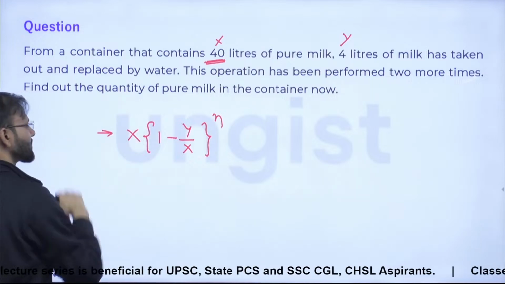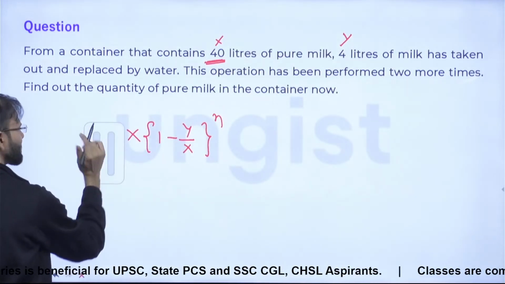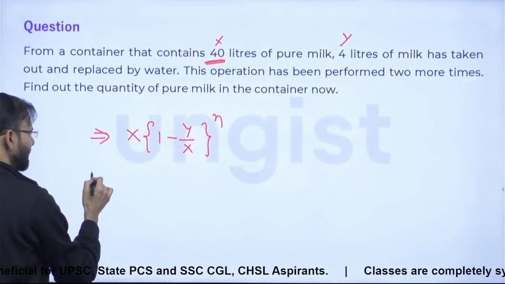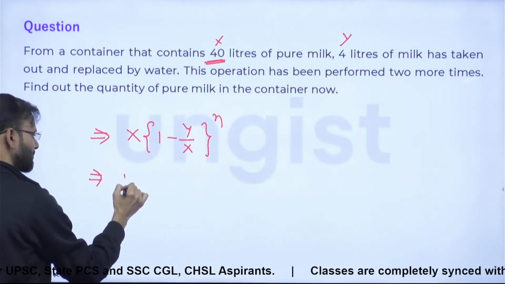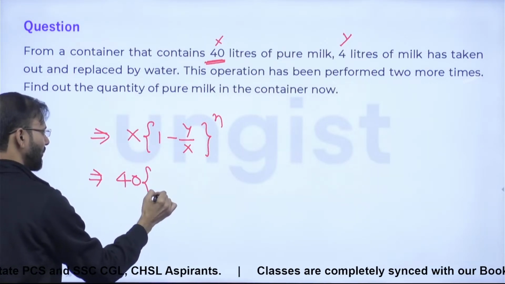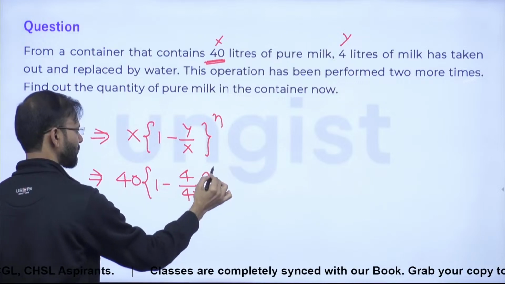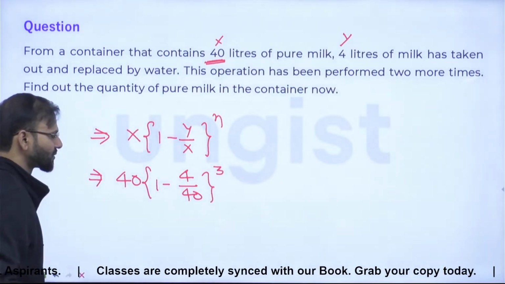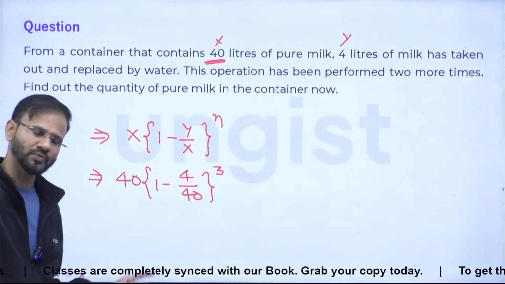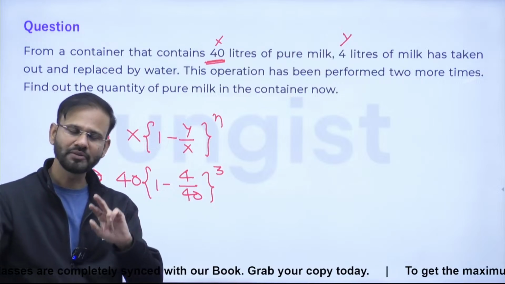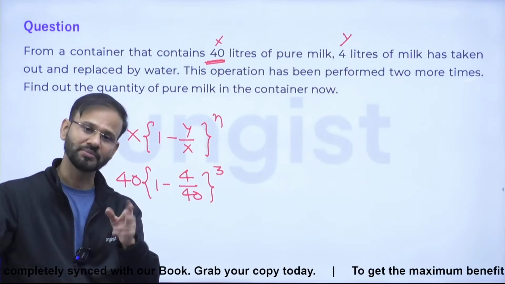Guys, this is the formula that you have just studied. Here, if you put the values, this is 40 into (1 minus 4 by 40) raised to the power 3. The total operation is performed 3 times, because it was done once and then repeated 2 more times.